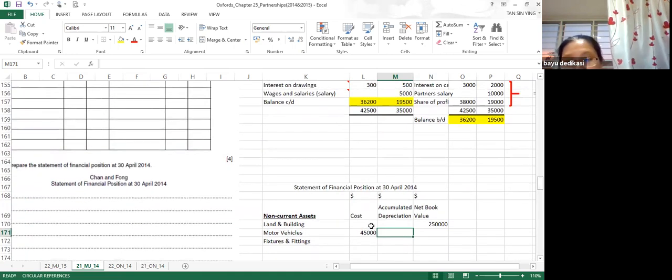You still have to put the cost. Net book value and cost are the same amount because you have no depreciation.